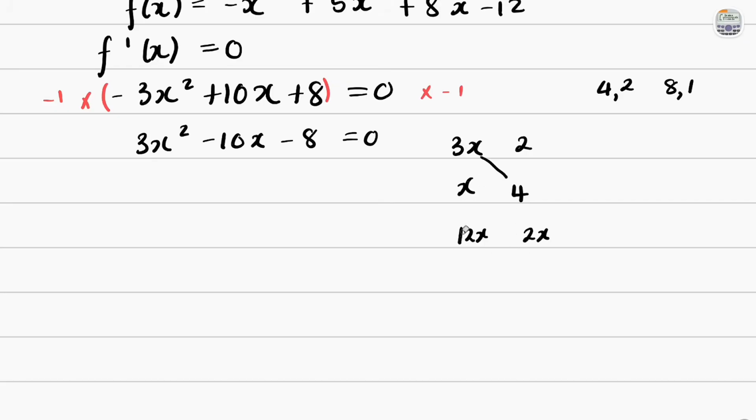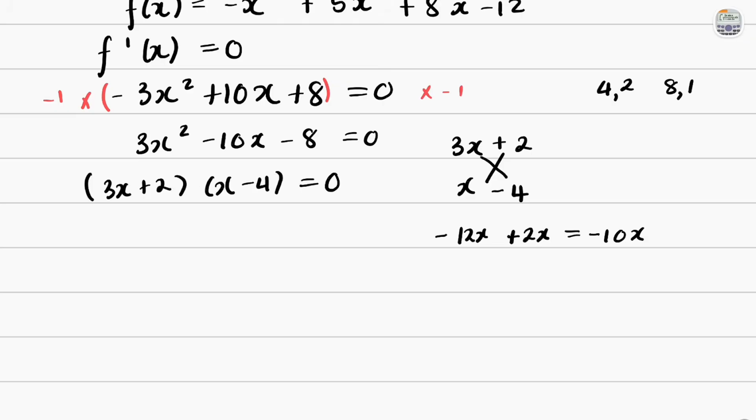And you see that if this stays -12 and this stays positive 2, then -12x plus 2x is -10x. So here, how do we get the 12x? We got it by saying 3x times 4. So we're going to give the negative to the 4 and the positive to the 2. So there we go. Our factors are 3x plus 2 and x minus 4 is equal to 0.